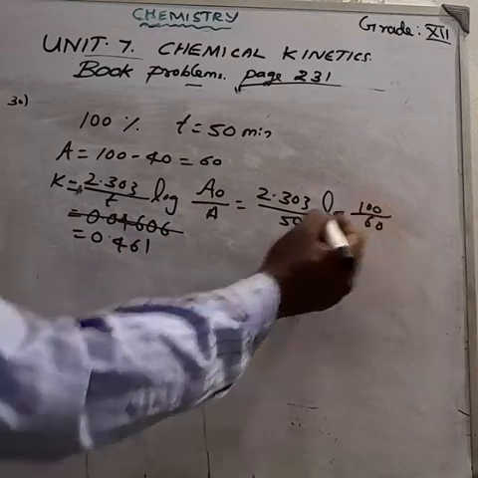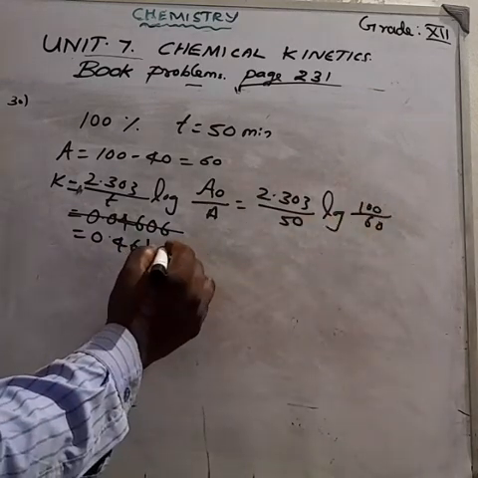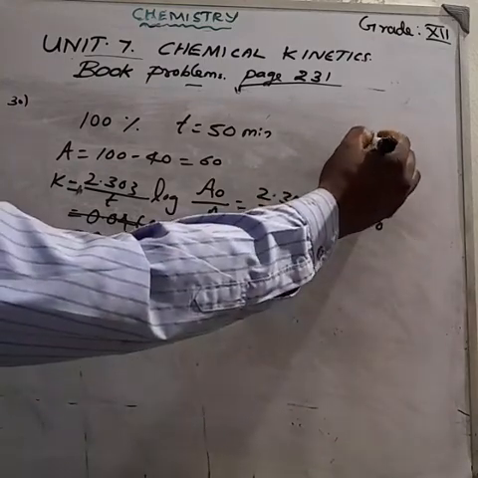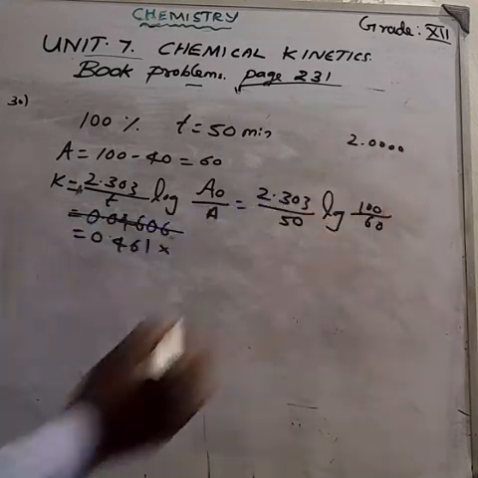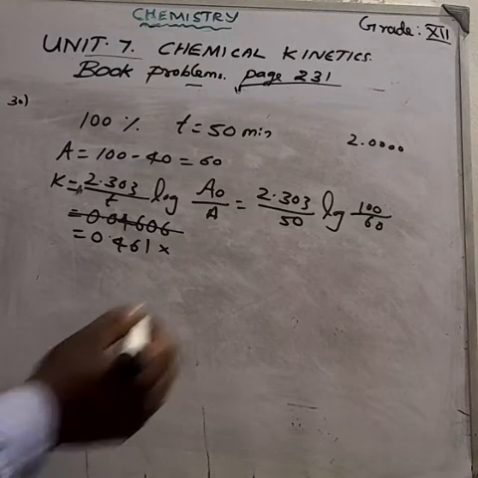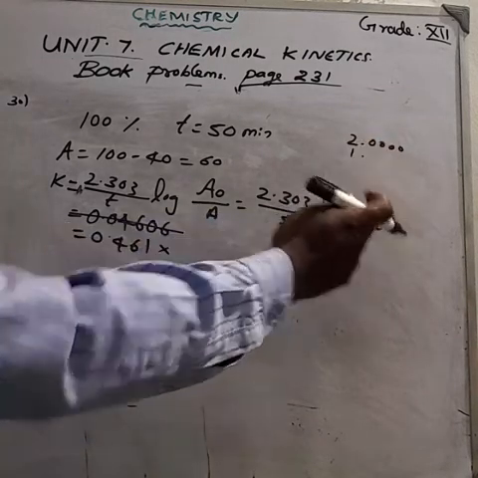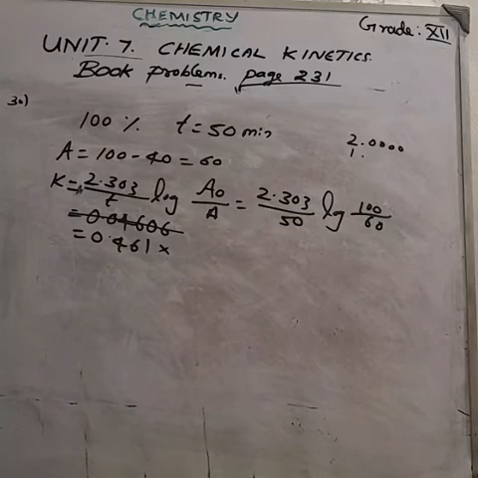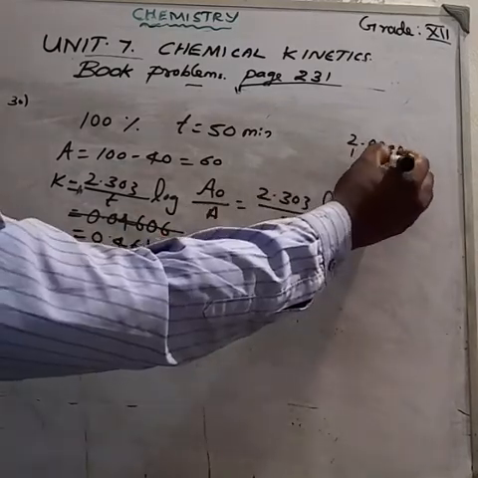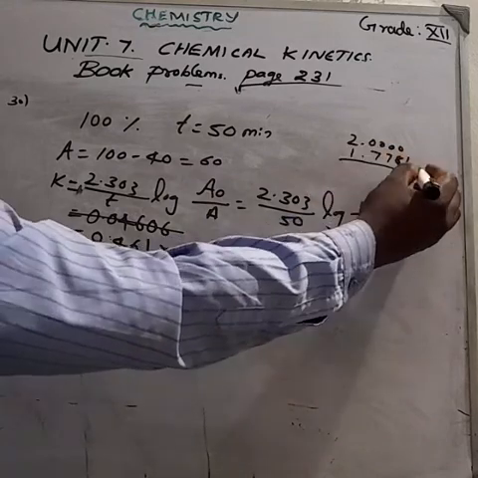Log of a 3-digit value, make it 2 point. Log 10 versus 0, that is equal to 0.000. So 2.0000. Okay. Log 60 is 1.7781.